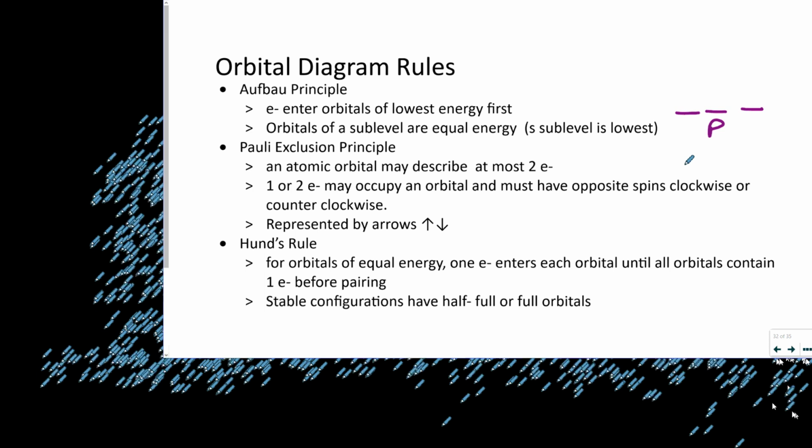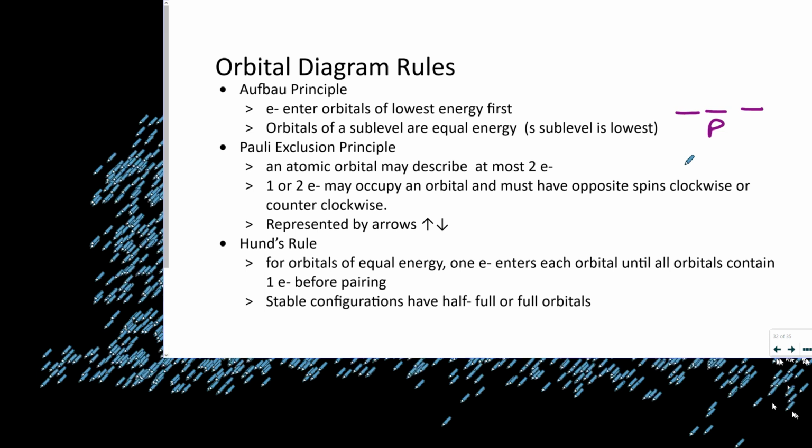Our second rule is our Pauli exclusion principle. This says an atomic orbital can describe at most 2 electrons. So that was our rule where we cannot have more than 2 electrons per orbital. That's what gave us those maximum numbers that each sublevel could hold. So 1 or 2 electrons can occupy an orbital, but they must have opposite spins of clockwise or counterclockwise.